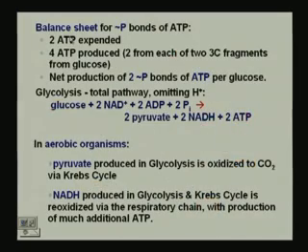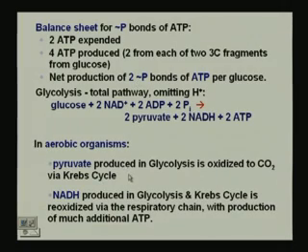So, if we look at the balance sheet for the phosphate bonds of ATP, we have 2 ATP expended, we have 4 ATP produced. So, the total net production of 2 phosphate bonds of ATP per glucose.